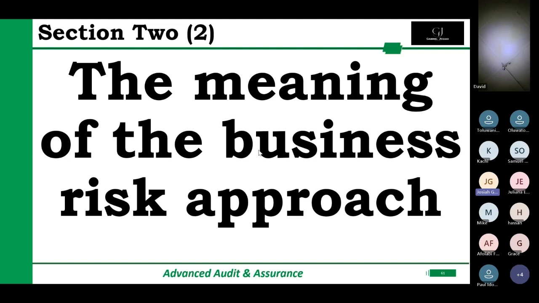And the third area is the design of audit procedures that will respond appropriately to those assessed risks. So where risk assessments have been performed, business risk, he needs to provide audit procedures that would directly respond to these risks. So the auditor's understanding of the business of the client is very important.